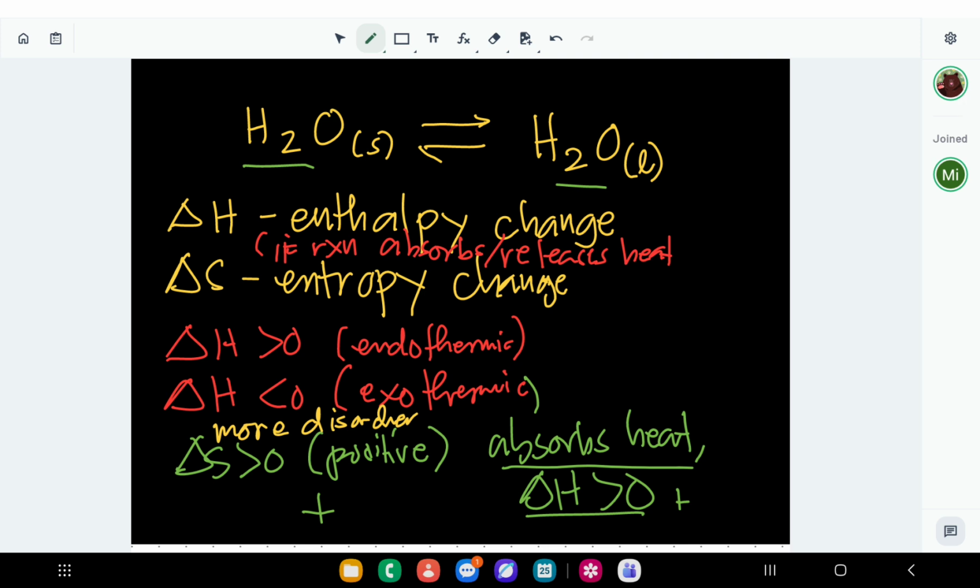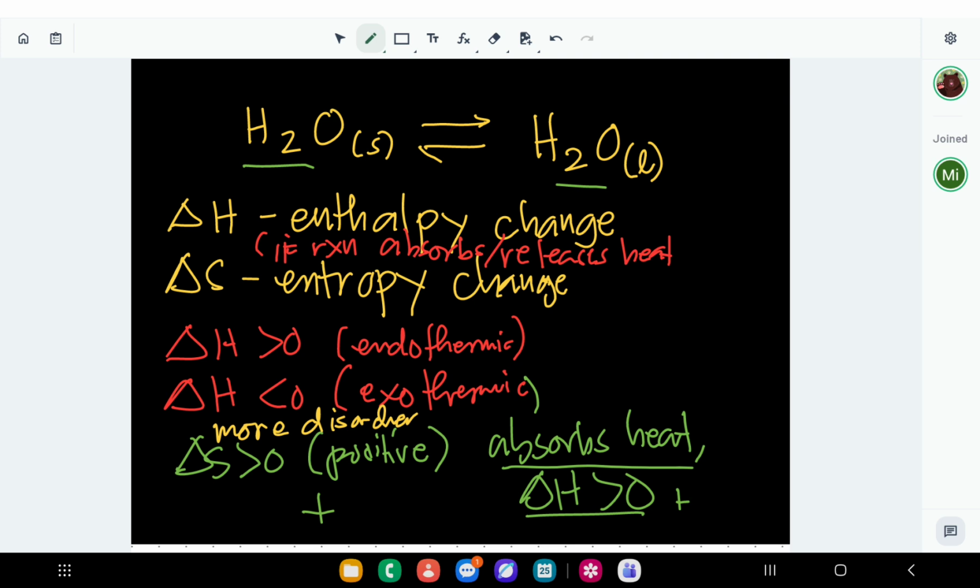You got it? So this is the simplest rule for this. If particles spread out, delta S is positive, for example dissolving, melting, and forming gas. But if particles become more ordered, delta S is negative or less than 0. So that is precipitation or freezing.